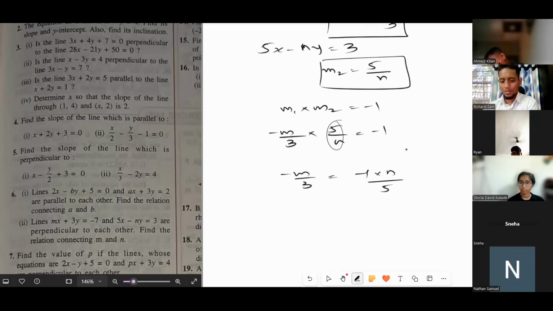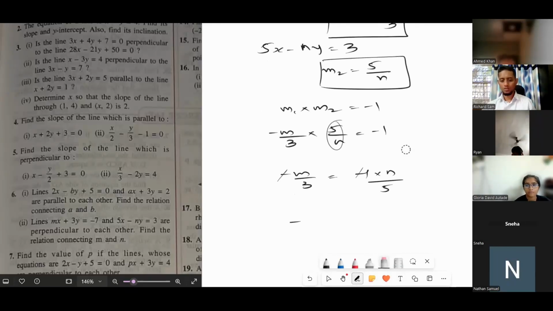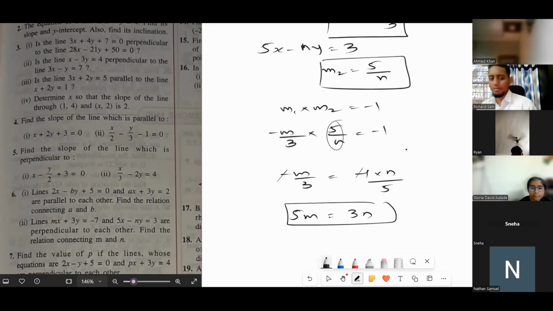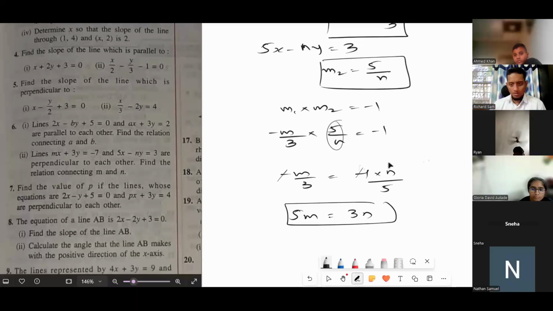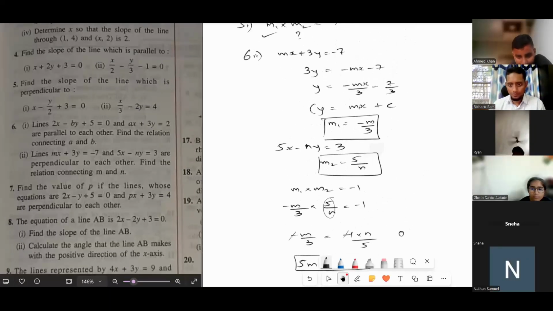Now you cross multiply, and minus and minus will get cut from both the sides. So you'll have 5m is equal to 3n. Yeah, that's the answer. That's the relationship between m and n. Okay, right, completed.